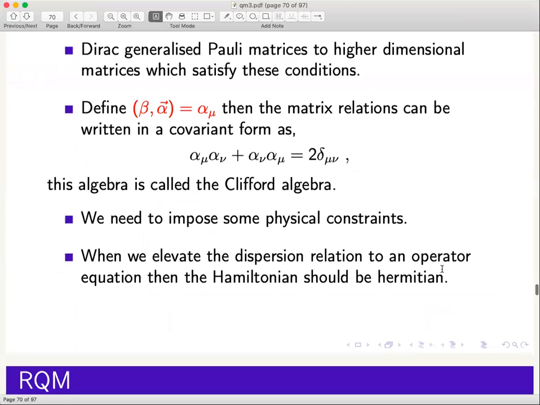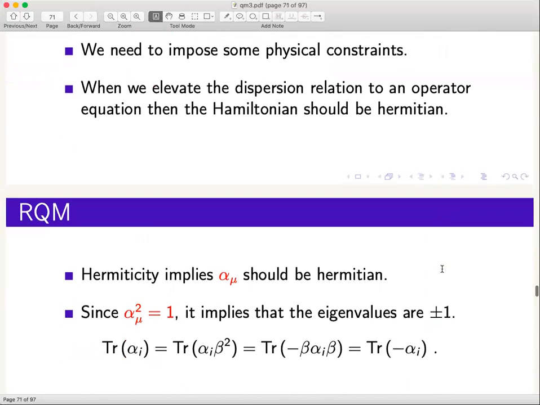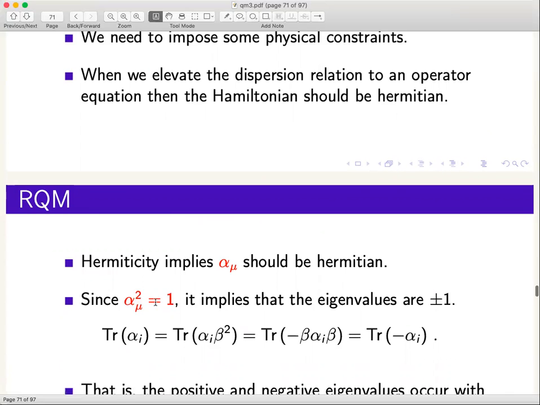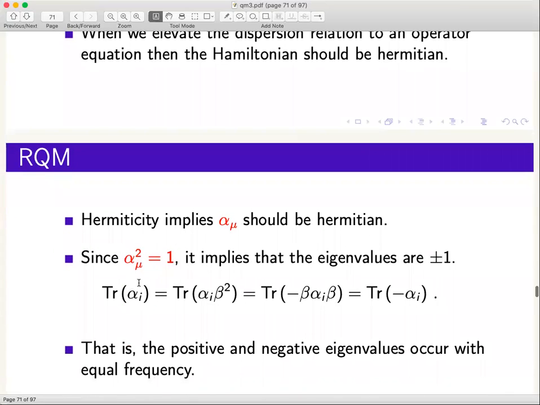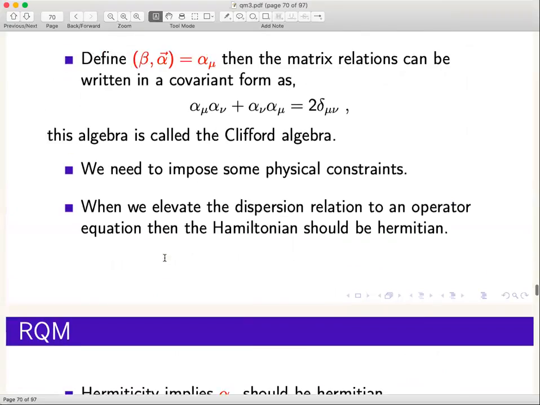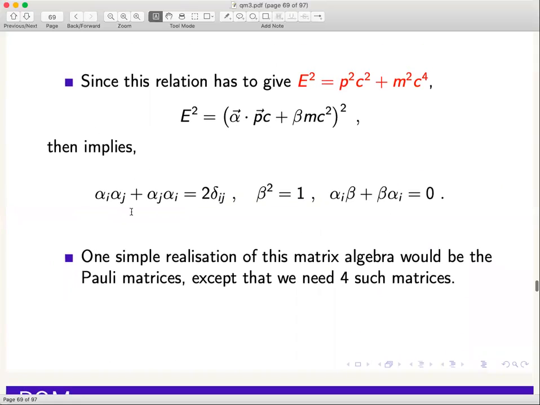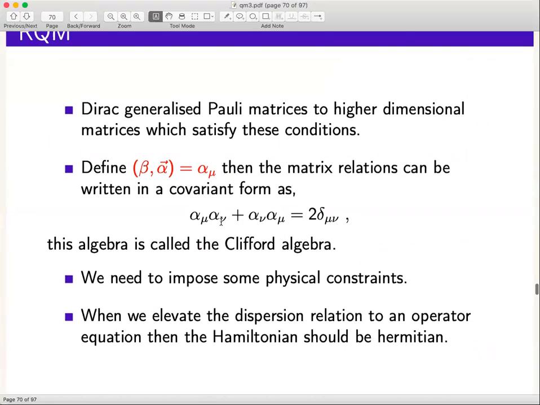Now, if you impose additional hermiticity conditions that we would require the Hamiltonian to satisfy, those conditions would imply that alpha_mu should be a Hermitian matrix, and alpha_mu squared should be 1, which is the effect of the Clifford algebra equation, in fact, right here.